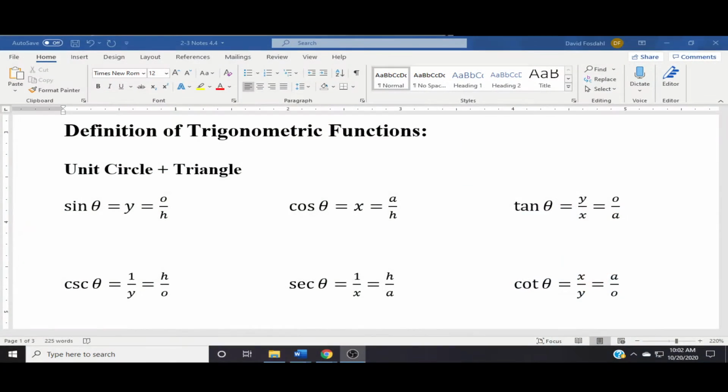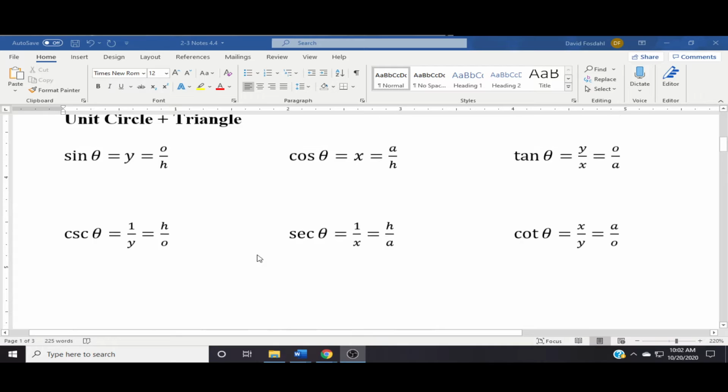Let's zoom in so that you can see this. These are our basic unit circle, where r equals 1, and triangle, where it's a right triangle. These are all our current definitions.